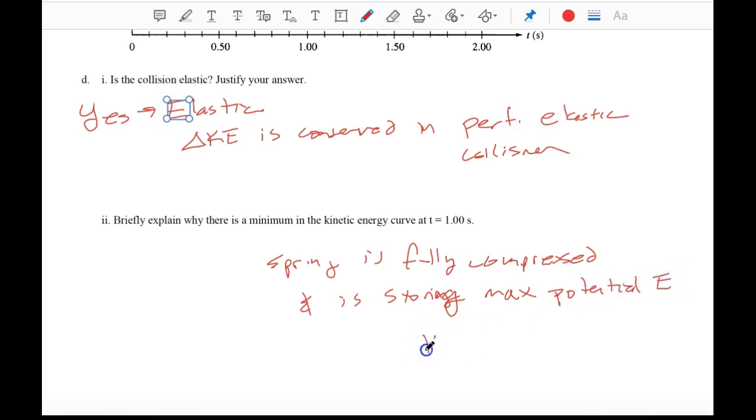And we know that our kinetic energy max should be equal to our potential energy of the spring max at different times. So when the spring is completely compressed, there's no kinetic energy, it's all potential in the spring. But then when there is no potential energy of the spring, then there is just total kinetic energy, and that is at maximum. And we know that that is happening at 1.00 seconds. And that is the end of this problem.